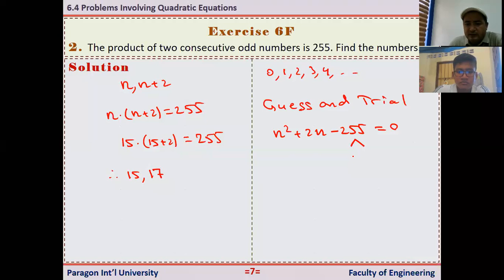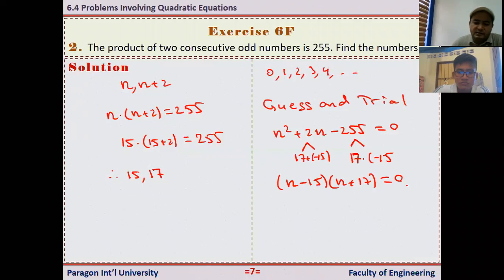Here the constant is 17 times negative 15, and the middle coefficient 2 is 17 plus negative 15. So we can factorize it as n minus 15 and n plus 17 equal to 0. The first solution of this quadratic equation is 15, and the second solution is negative 17.